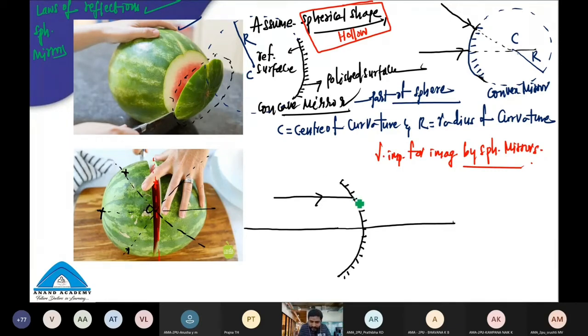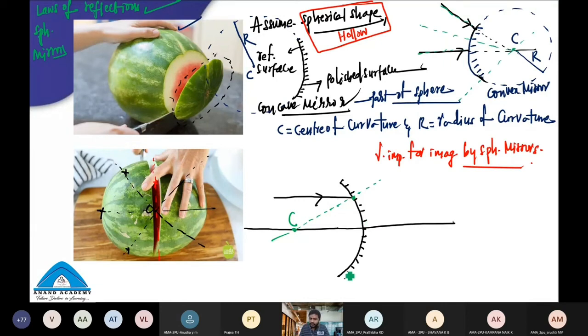Okay, students, at this point, the point of incidence is there. You should draw the normal line, right? Listen, the normal line I'm just drawing here. Carefully observe that the normal line will pass through the center of curvature like this.